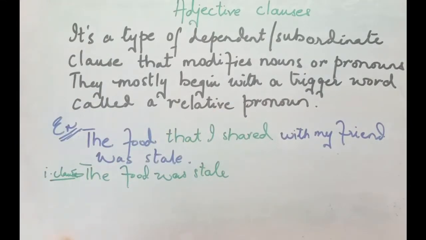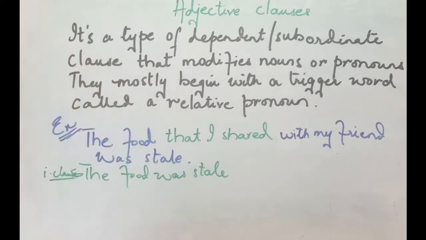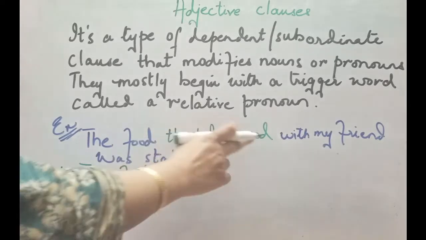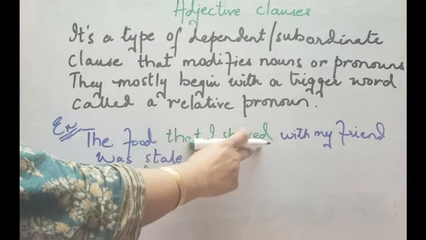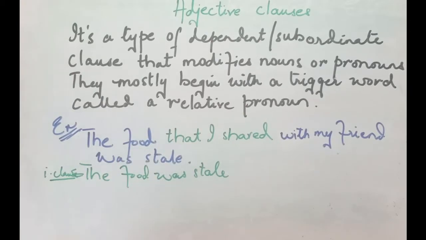From all the food items, that food was stale. So in order to complete the sentence, the dependent clause, that is, that I shared, needs to be covered in the sentence. I hope you have got it.